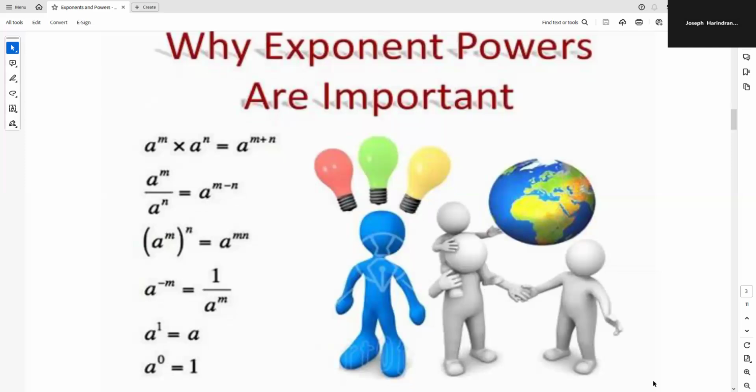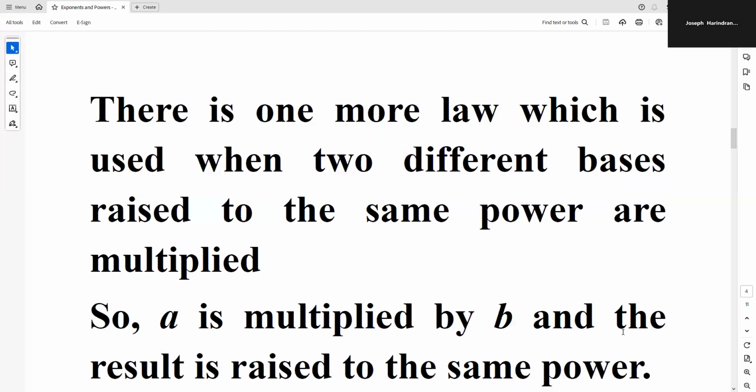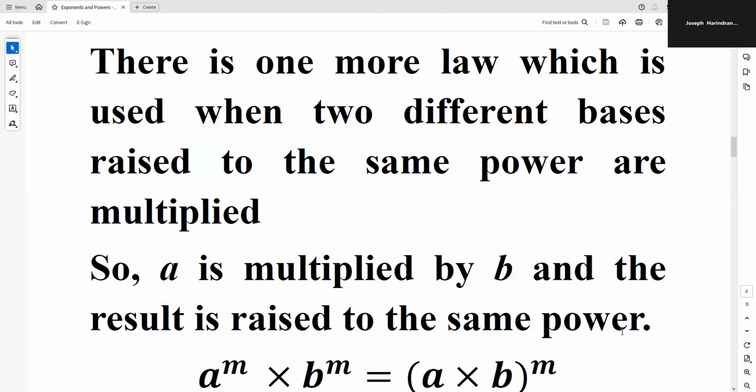Now we will see the next rule. There is one more rule, which is called the same power but different bases. Two different bases raised to the same power are multiplied.